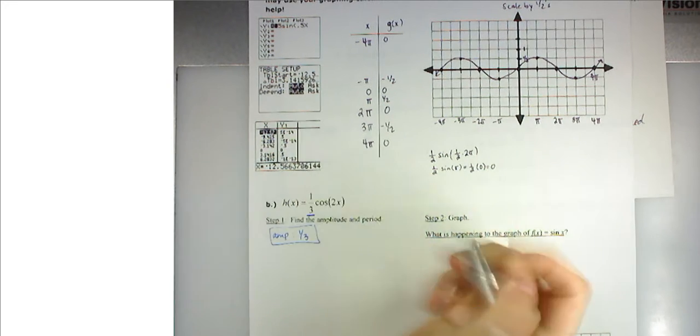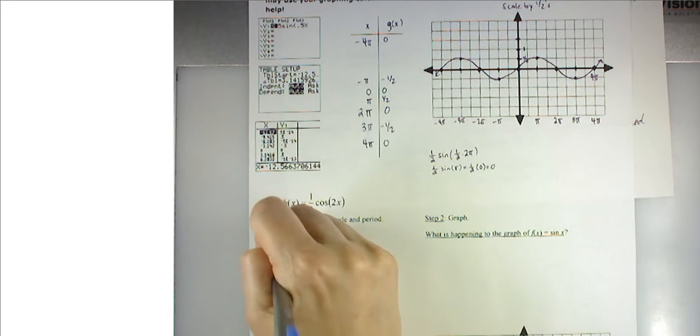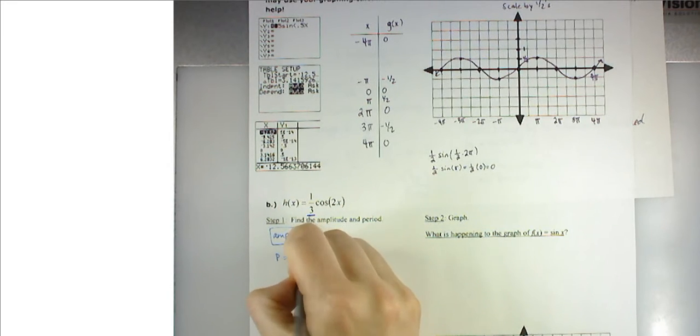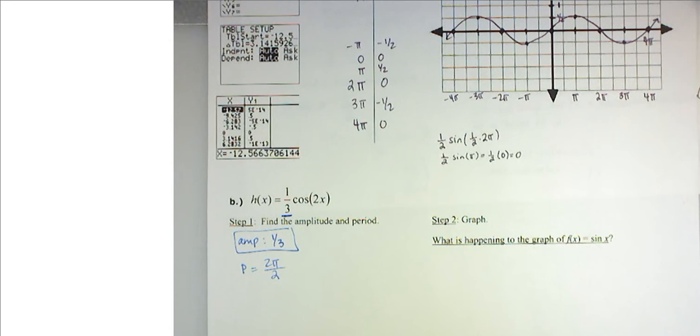So if you have 2 pi over 2, then that is going to reduce to pi, and so that is going to be your period.